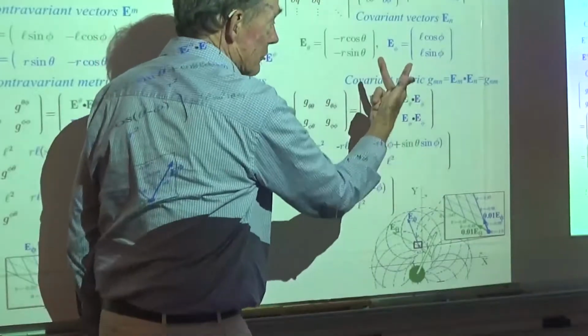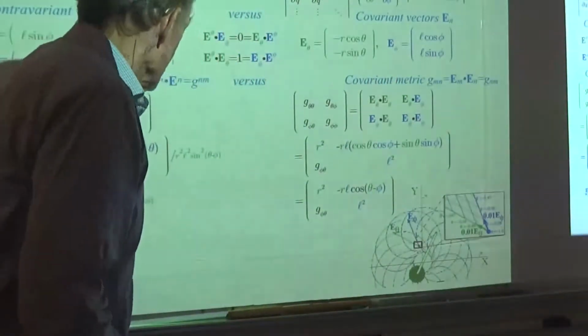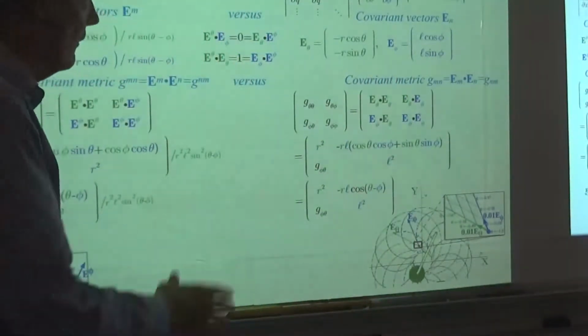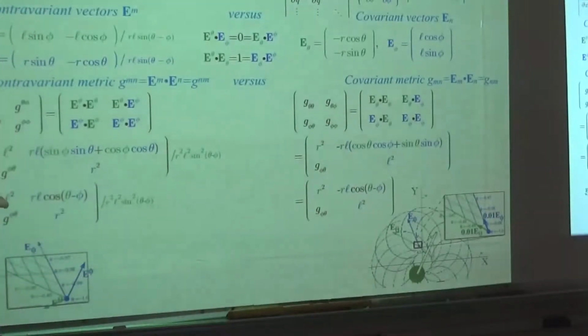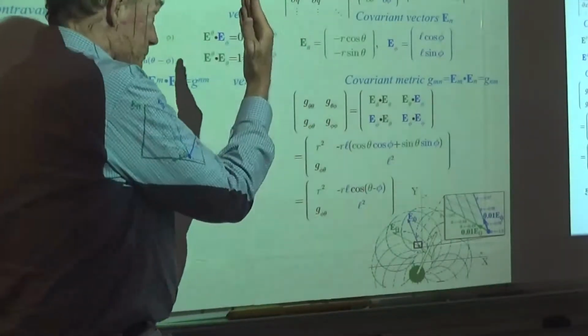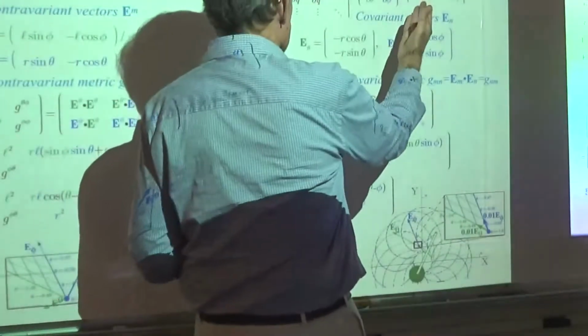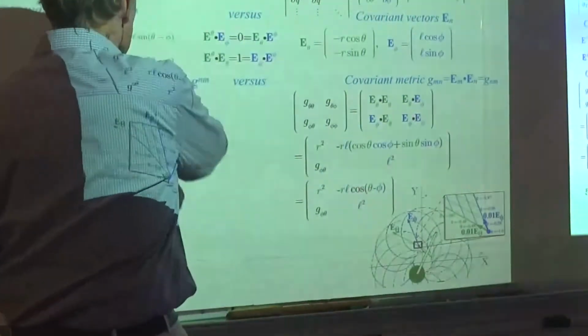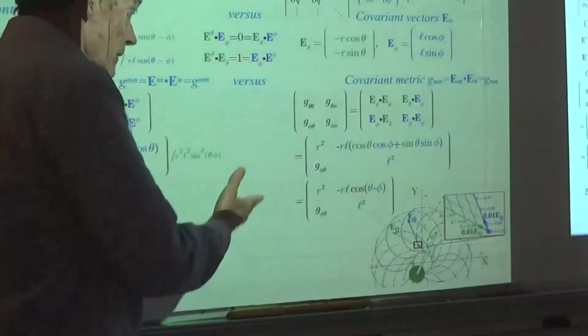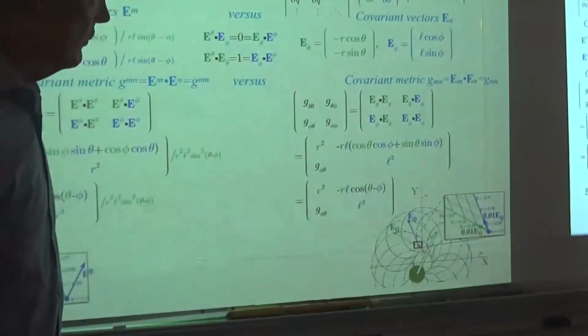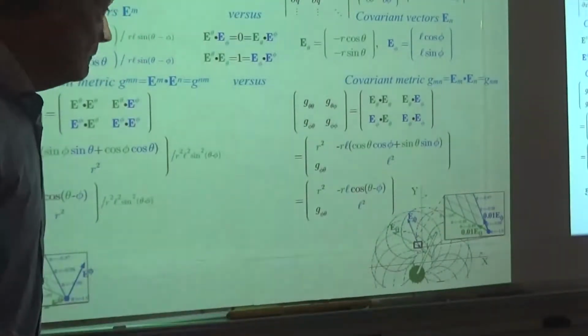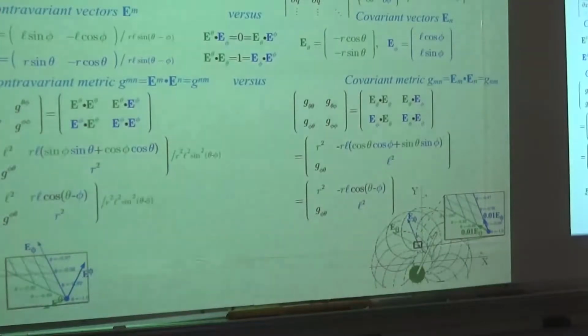Obviously, dot products commute. So whatever this one has, this is the inverse of that matrix, just like the Jacobian is the inverse of the Kajobian. These metric coefficient matrices share that property. So that's nice. That's important too.